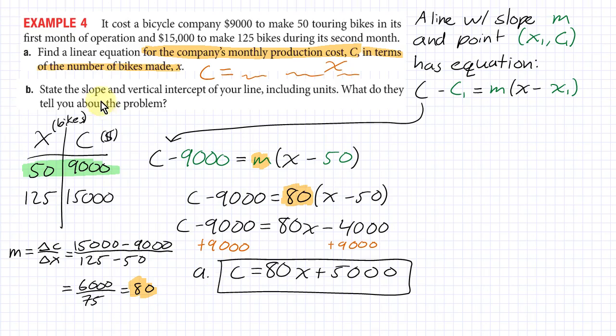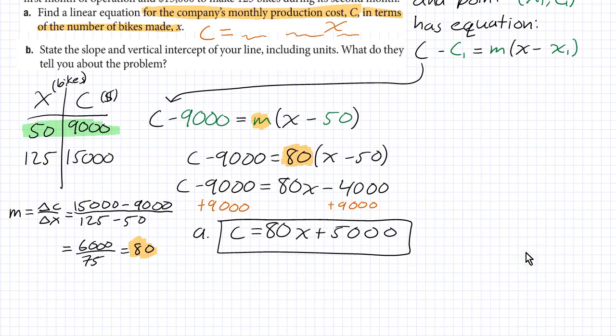Now we can state the slope and the vertical intercept of the line, including units, and see what they tell you about the problem. First of all, the slope is the number multiplied by x there. And what are the units of that number?